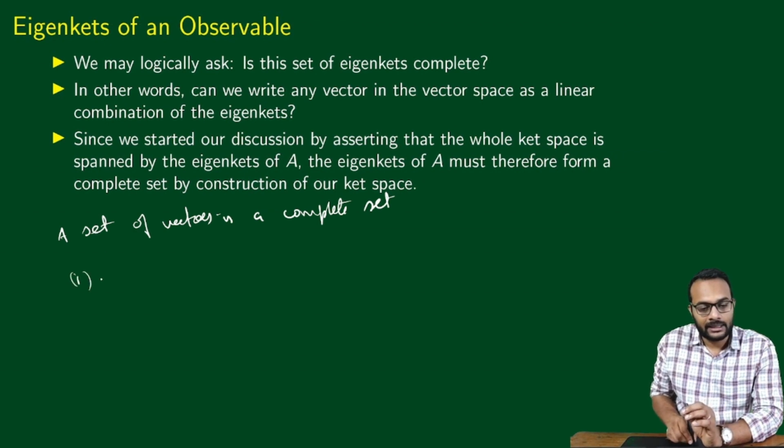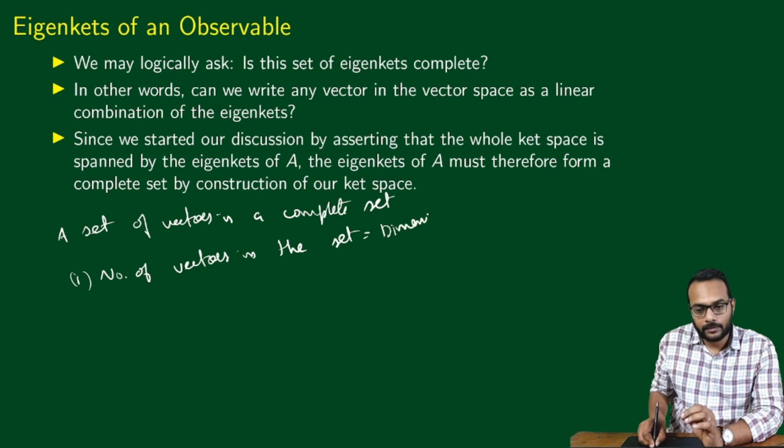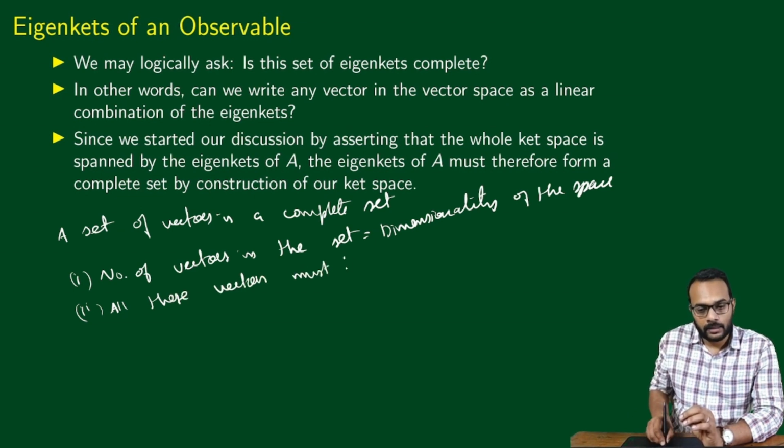One is that the number of vectors in the set has to be equal to the dimensionality of the space. The other is that all these vectors must be independent.